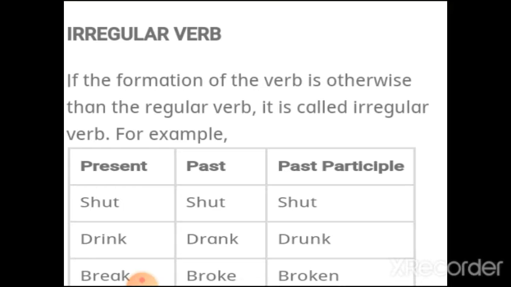Let us see the chart below. Present word is shut, past word for shut is shut, and past participle is shut only. Present word is drink, past word for drink is drank, and past participle is drunk.